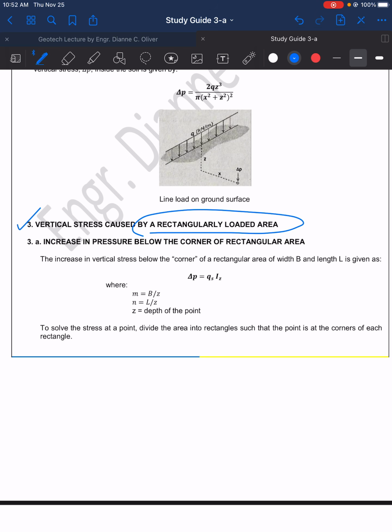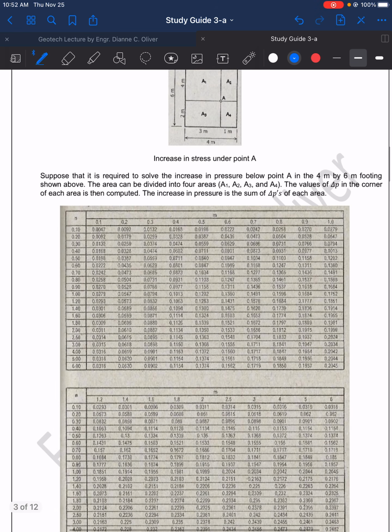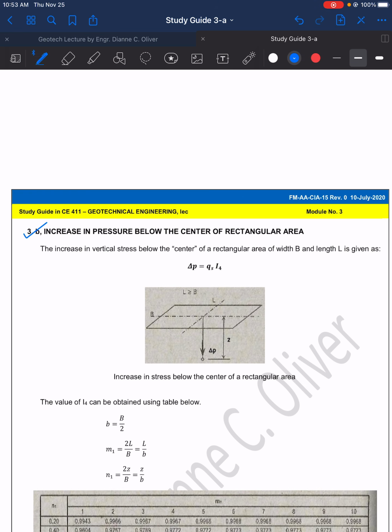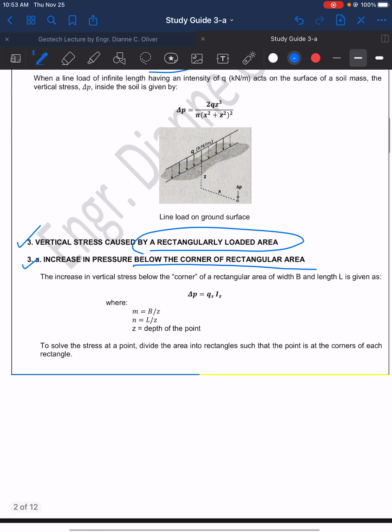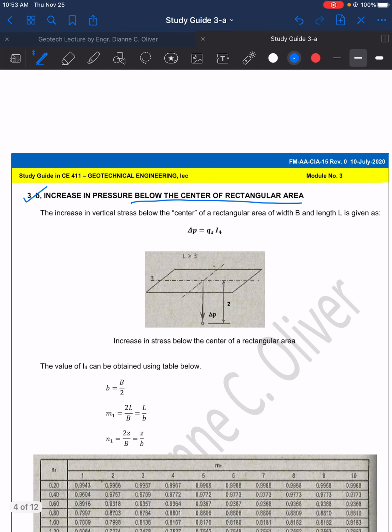The first case is when the point we are computing for is below the corner of the rectangular area, and the second case is below the center of the rectangular area. So Case A is below the corner, and Case B is below the center of the rectangular area.